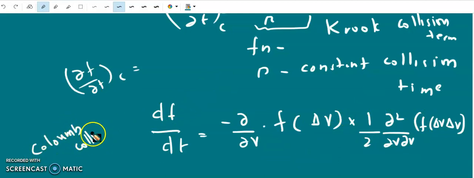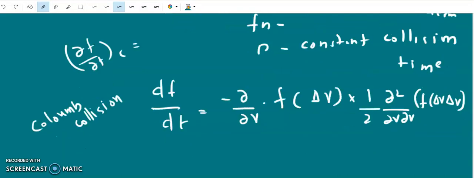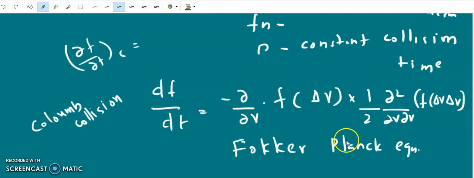The derivation is not in your syllabus. This equation is called the Fokker-Planck equation. This equation takes care of binary collisions only.